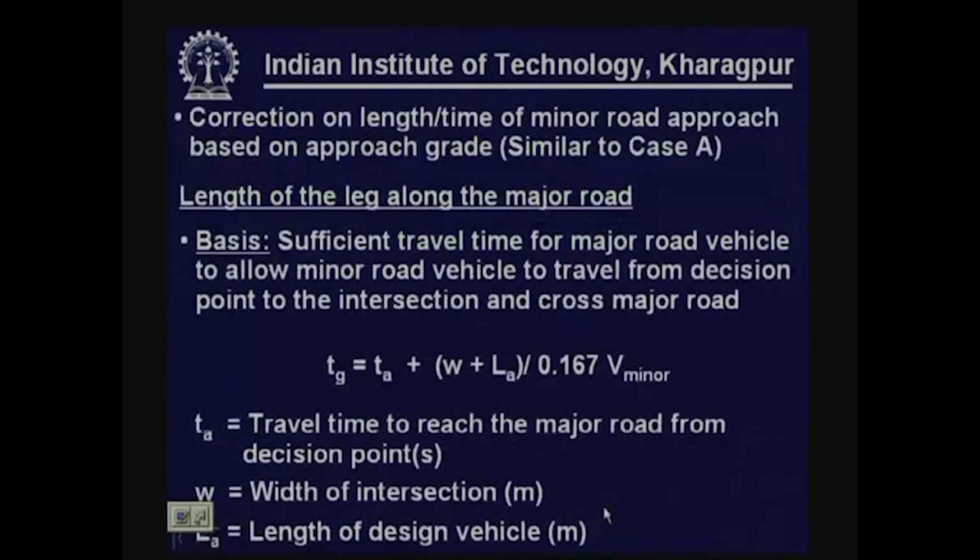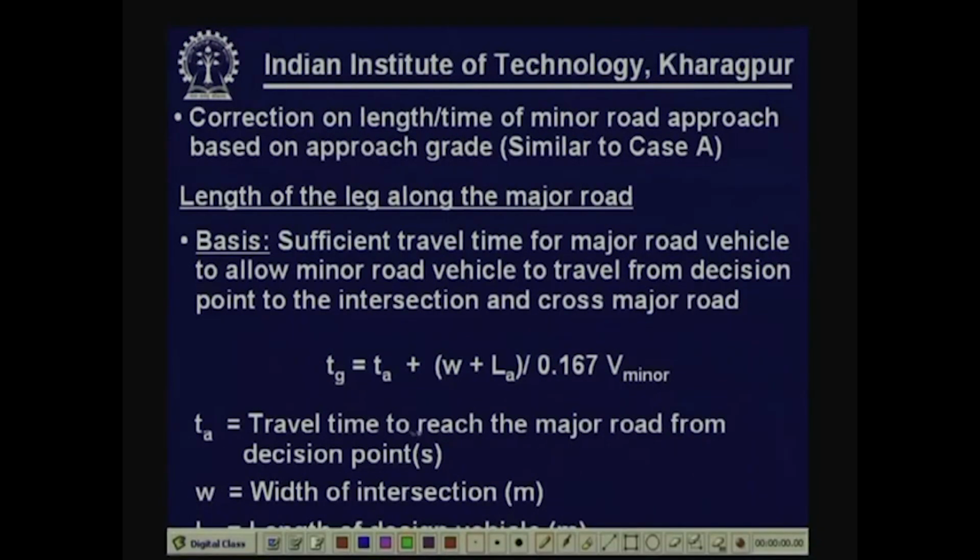but the vehicle does not stop. And length of the leg along the major road is decided based on sufficient travel time for major road vehicles to allow the minor road vehicle to travel from the decision point to the intersection and then cross the road safely. So, where TA is the travel time to reach the major road, this component is understood.